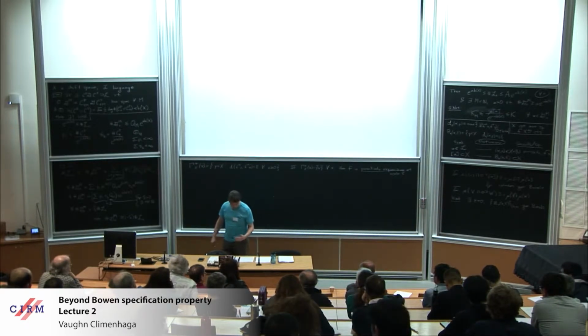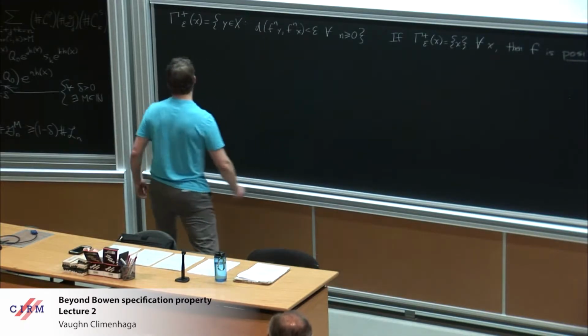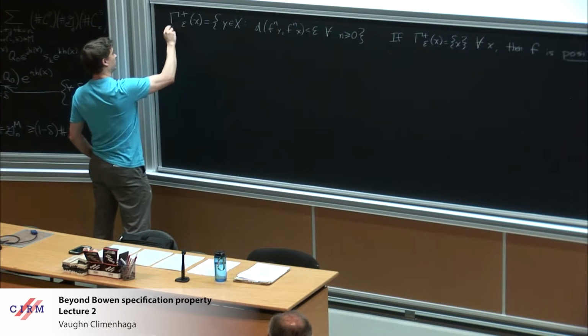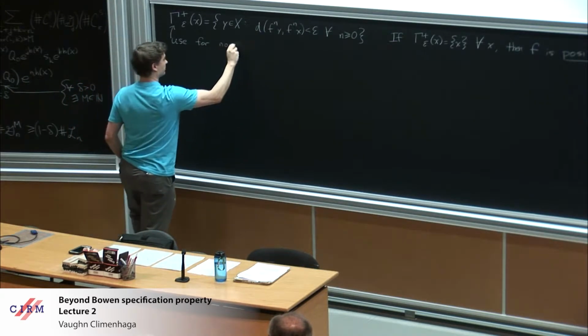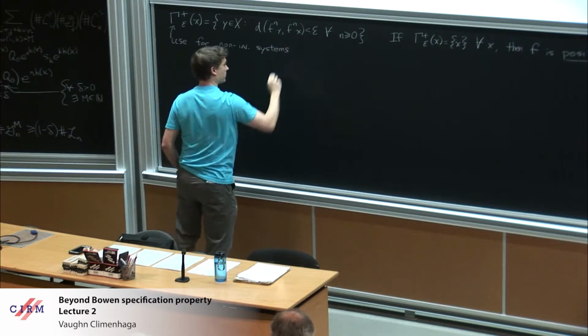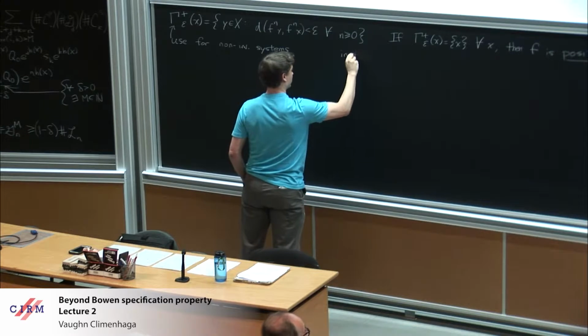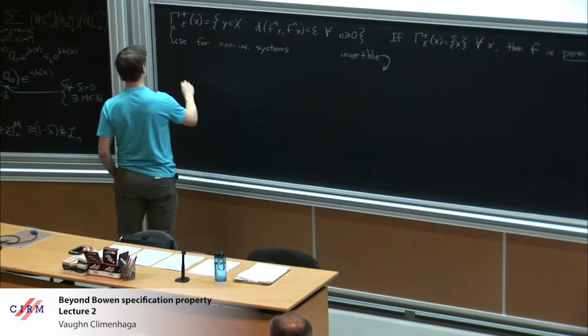If you want to study a diffeomorphism, something which is invertible, then, so this is what you should use for non-invertible systems. For invertible systems, you should use the following.